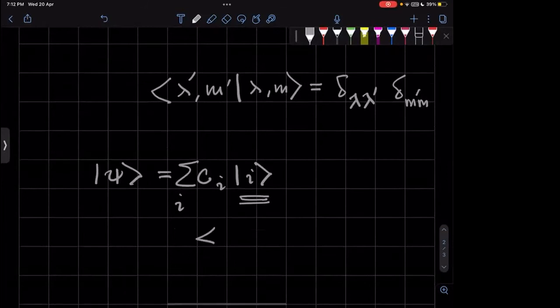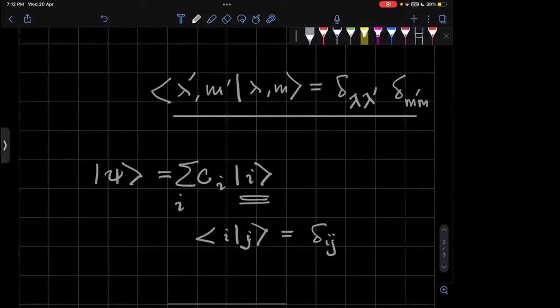More generally, I can write the inner product of i and j gives you this. This is essentially this equation, but I'm fixing lambda prime to be lambda because I'm in a given irreducible representation, so that I can set this to be 1. Saif, is that clear? Yeah, that makes sense. Okay, good.